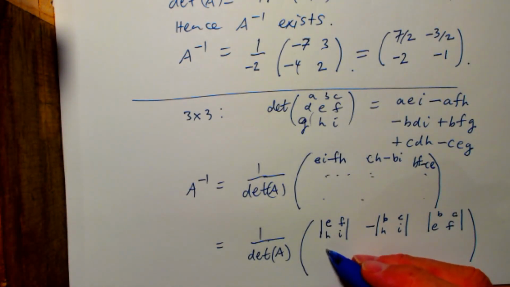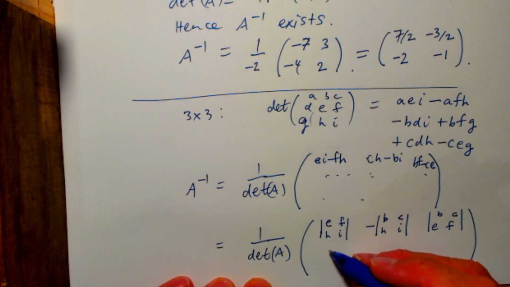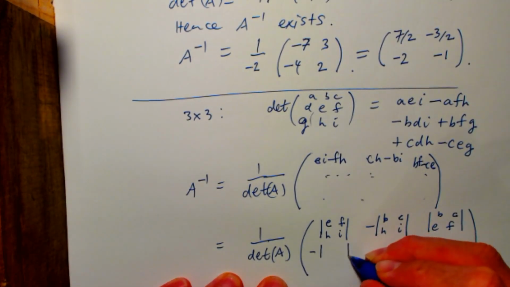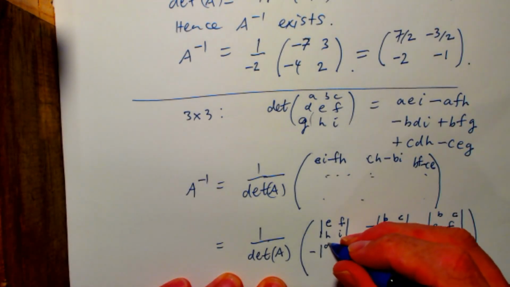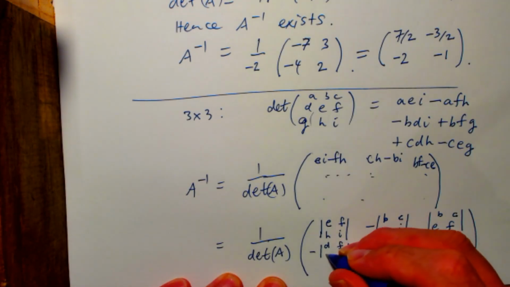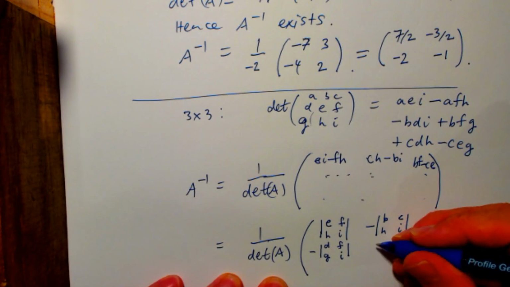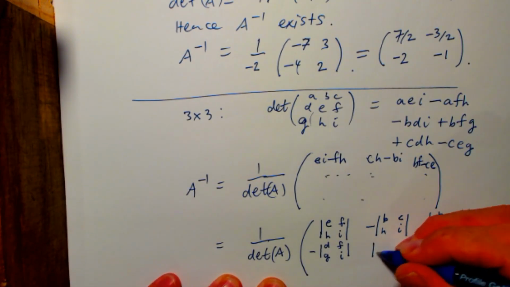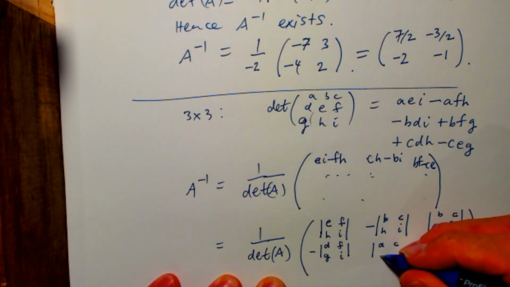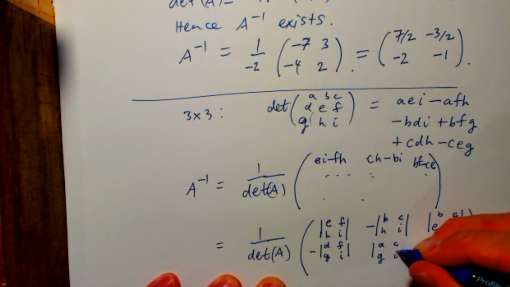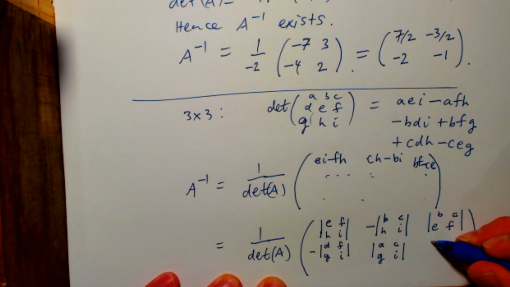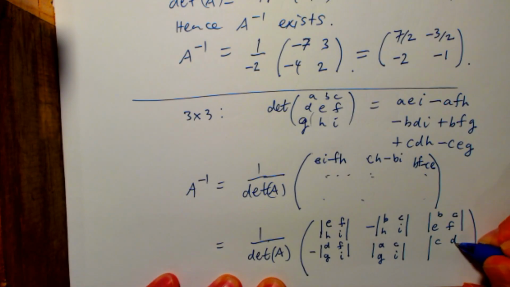Alright, now below that we have FG minus DI. So this would be minus the determinant D, F, G, I. Alright, next we would have AI minus CG, so that's the determinant A, C, G, I. And then next we have CD minus AF.